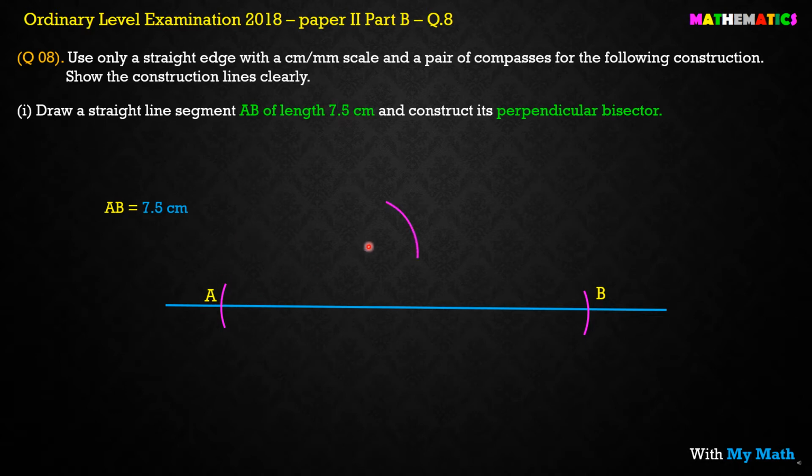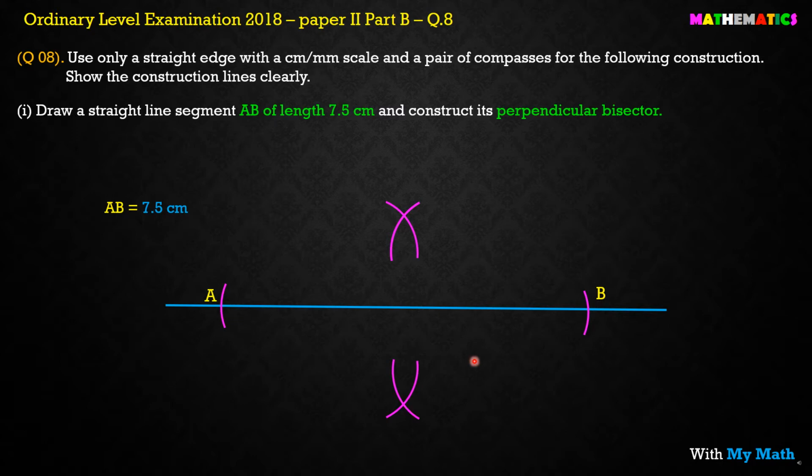Draw this arc like this, as well as downwards. Then go to the other side, but don't make any changes to your compass because it gives a wrong result. Then mark it like this, and again you have 2 points here.